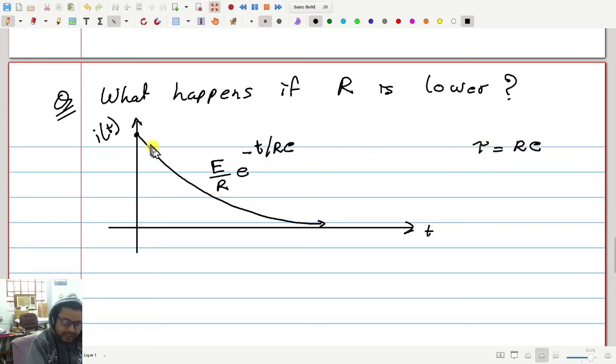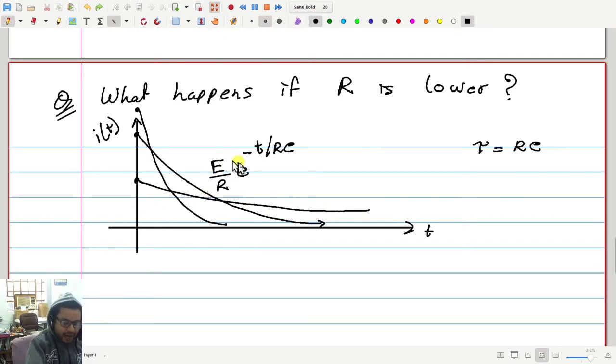So that means it will decrease faster, but its initial value will also be more. So for a lower value of R, it will start from a higher position and decrease faster. And if you take higher value of R, it will start slowly and continue longer. So that's what happens.